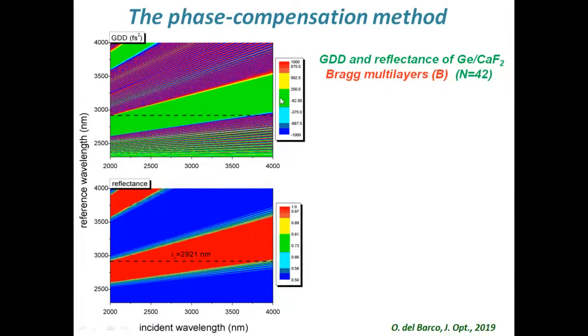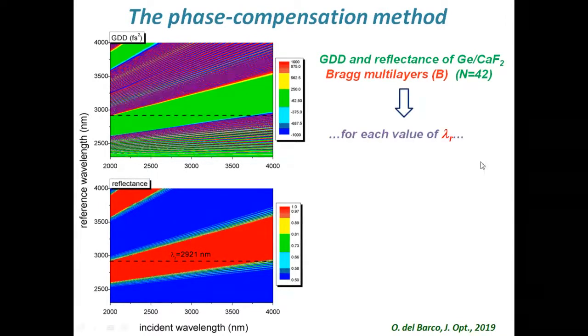And the green one, we take a constant value for GDD. The dashed line denotes lambda R. We get the broadest possible reflectance band, and also a smooth phase, GDD.